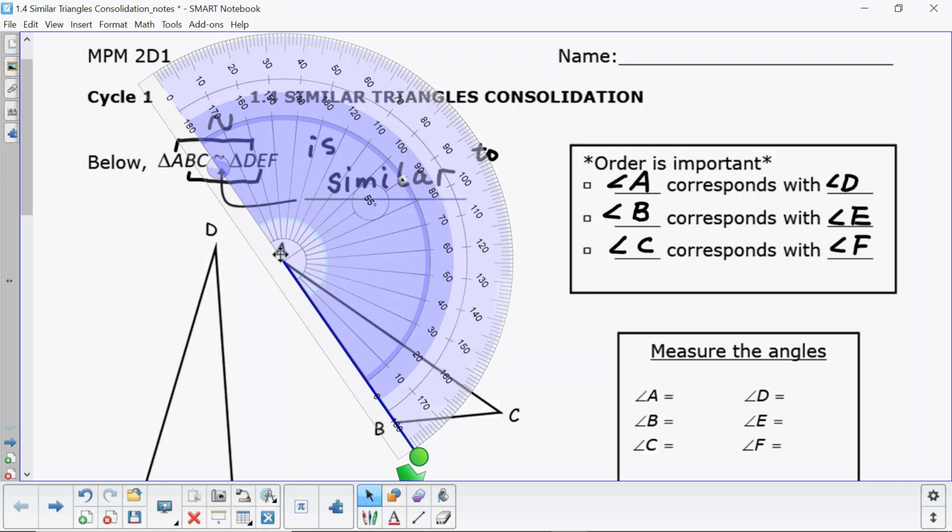Make sure the center of your protractor is at A, this point, the vertex.